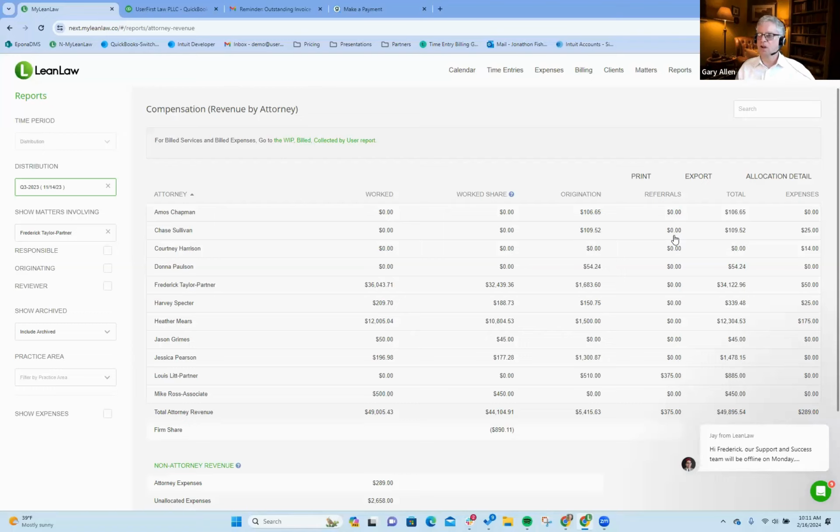If you have a more complex compensation system, it's easy to take this information and just download it into a spreadsheet and do whatever additional math you need to do for a firm share or for other things that we don't have out of the box. But we think this is a pretty powerful way to do production-based compensation, and it's one of the things people talk about most with us.